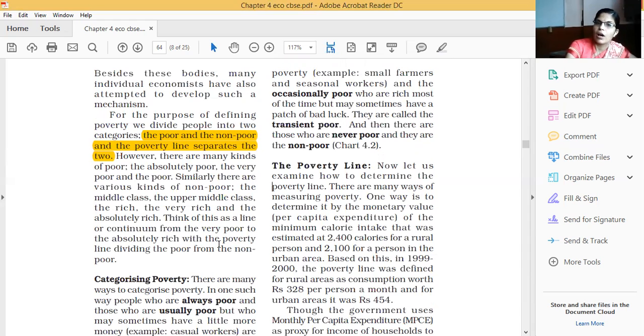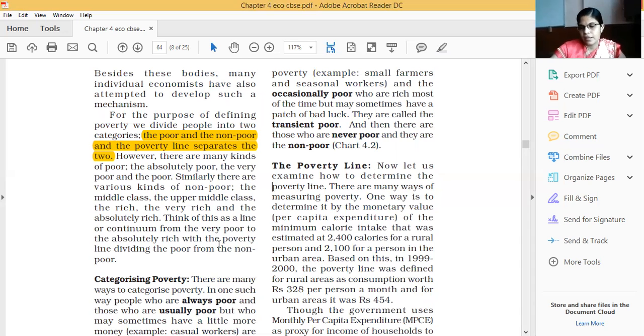Like small farmers during the season time, these are getting work, so they are getting income also. So during season time, these are not poor. But what about other time periods? In the other time period, these people are poor because they are not getting any type of work or occupation, so they are poor during the off season.